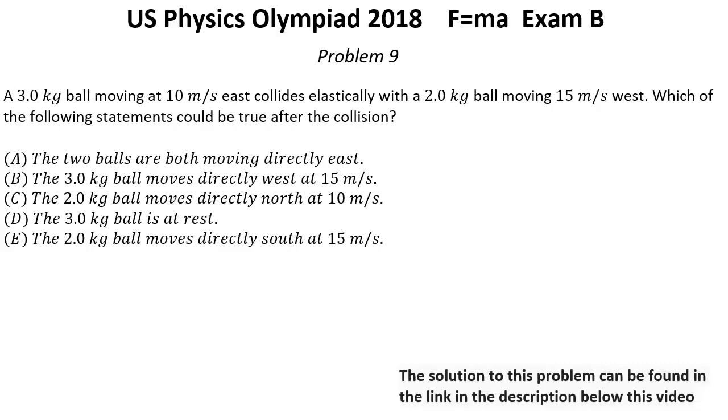If we assume this possibility, we can see that only in case E do we have this possibility. In that case, the ball with a mass of 3 kg must move directly to the north with a speed of 10 meters per second. And this is the correct answer E. And that was the solution for problem number 9.